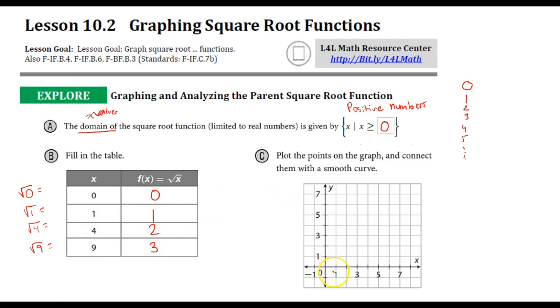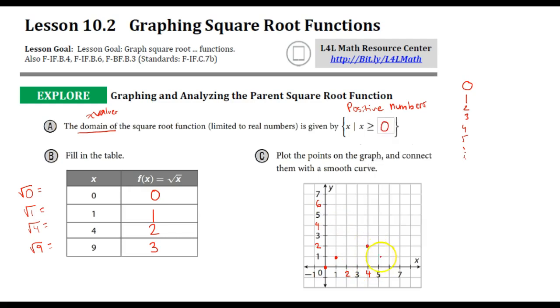Now we're going to take some time to plot these points. Here that would be 0, 0. The next one would be 1, 1. The next one would be 4, 2. I like to label these as well, so that it's a little easier to graph.